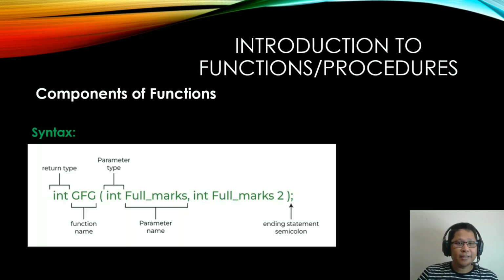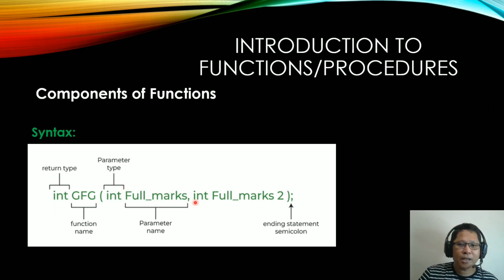In this diagram of a function, we have integer as the return type here. Then the function name, which is an alias. And then we have the parameters here, enclosed inside parentheses.